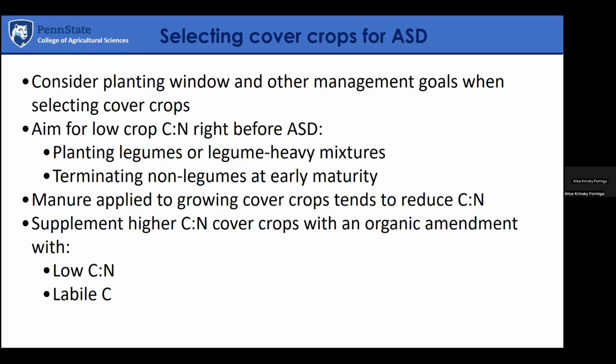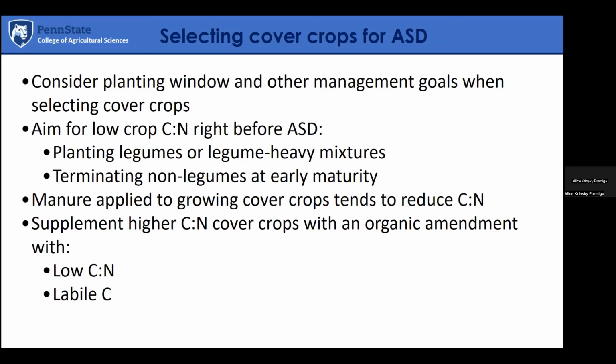To achieve that, you can look to planting legumes or mixtures that are heavy on the legumes. And if you are planting non-legumes, consider terminating them at an earlier maturity to make the C to N ratio lower and better for the ASD treatment and the soil fertility.